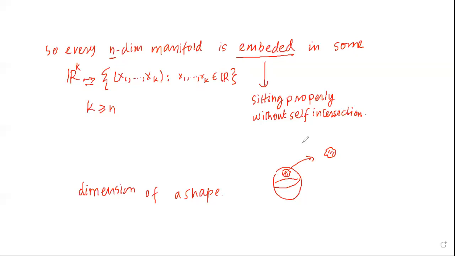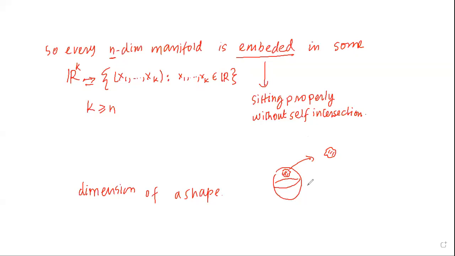So K is a higher dimensional space which contains n-dimensional manifolds. Yes, K can be higher or can be equal to n. Yes, K is greater than or equal to n. No. Doesn't mean that it is globally 3D.